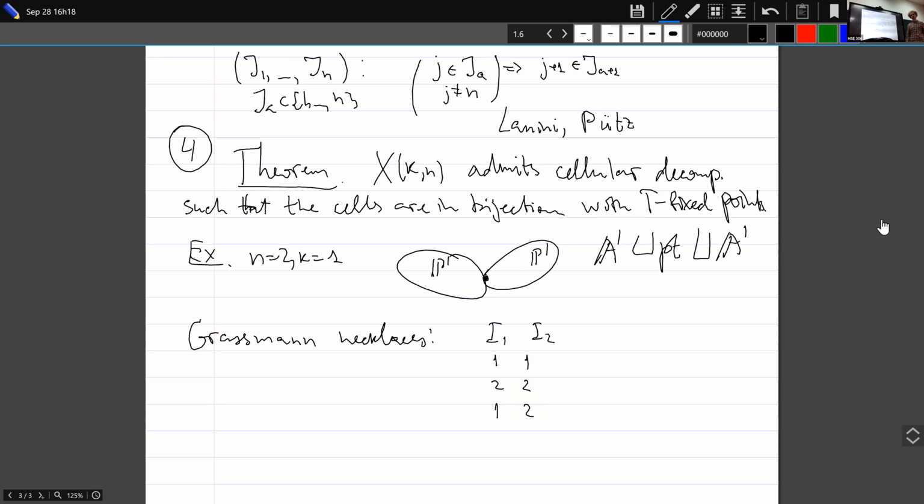It's very different because you see the CNN Grassmannian is not a complex algebraic variety.